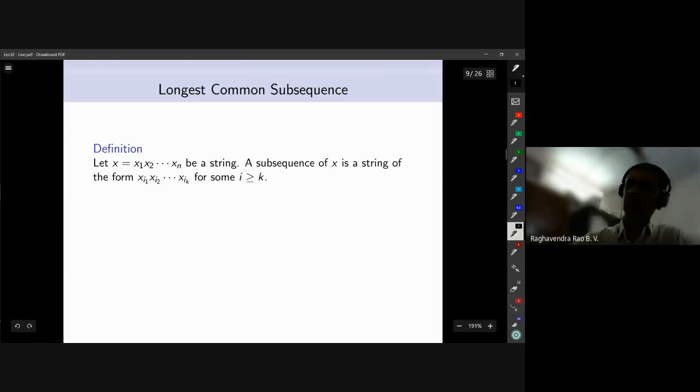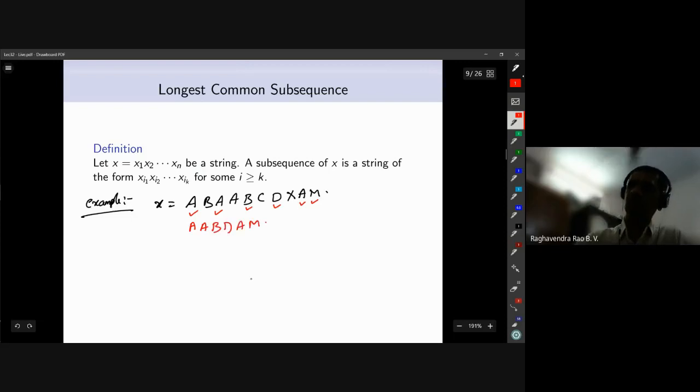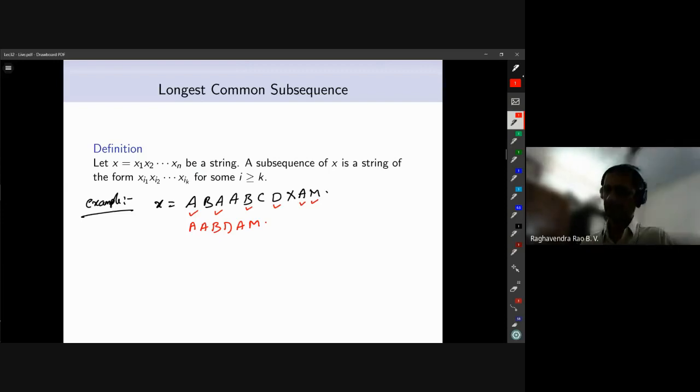For example, say x is a b c d x a m, some arbitrary string. A subsequence is you just pick some of them: a b d a m. The only thing is you have to preserve the order. It's not a subset.